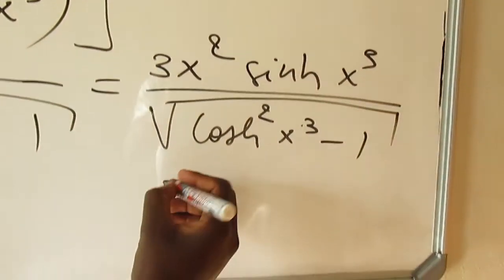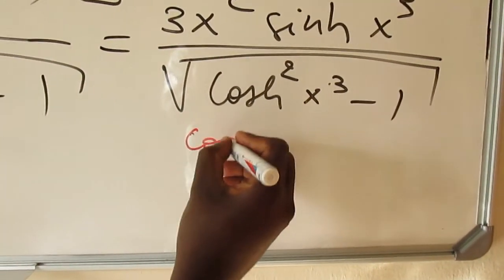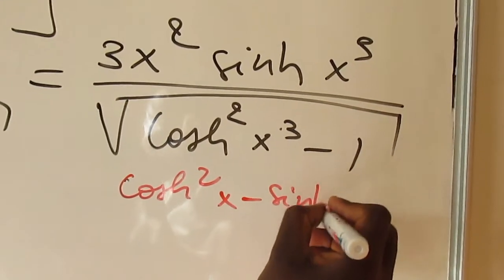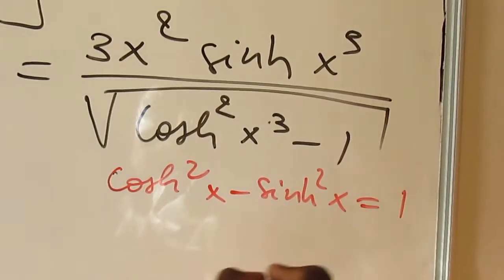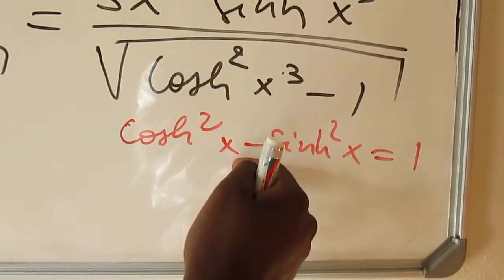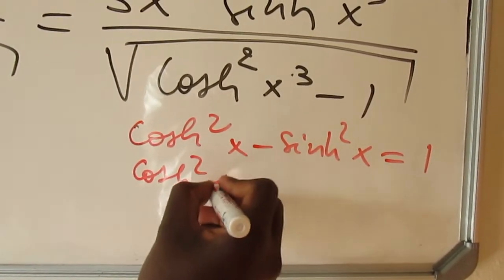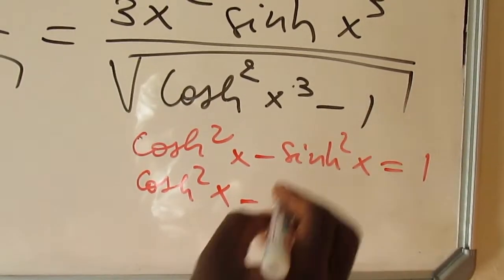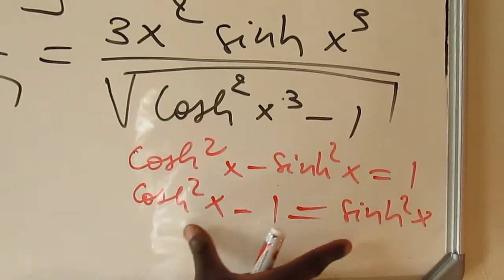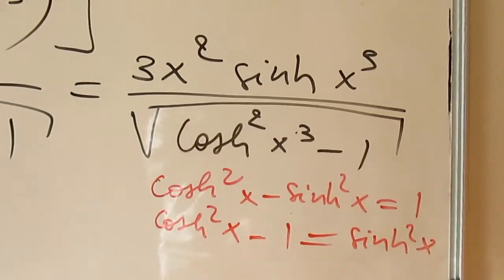Do you still remember cos squared of x minus sinh squared of x gives you 1? But you see here we have cos squared minus 1 already. We can take this one this side and the sinh goes the other side. So it's going to give you cos squared of x minus 1, equal to positive sinh squared. So you can see that this here is the same thing as this one there. So all of this is going to give you sinh squared, okay?